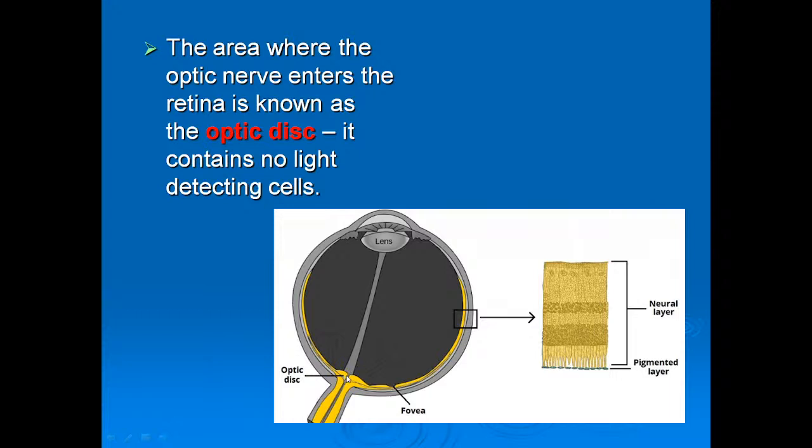So you must know two structures at the posterior part of the retina: macula with fovea contains big numbers of light detecting cells, and optic disc. It contains no light detecting cells. It is the area where the optic nerve enters the retina.